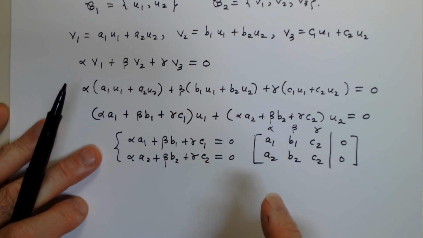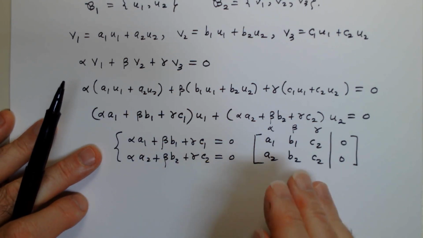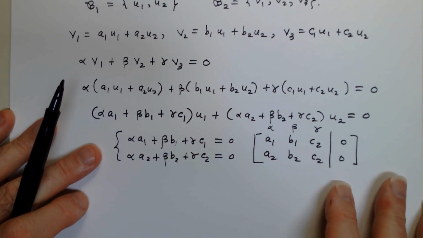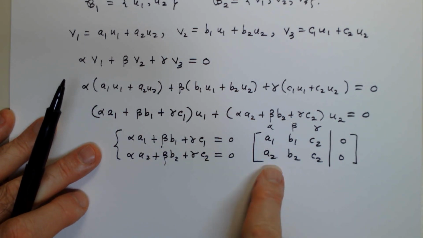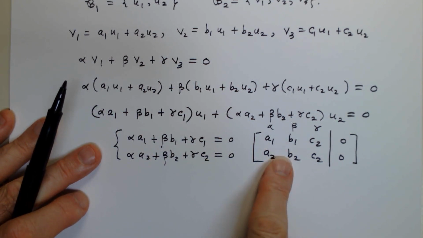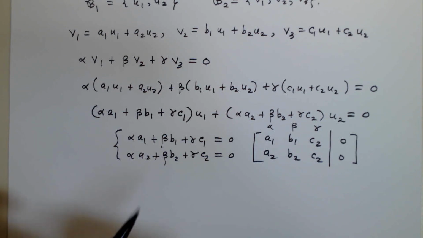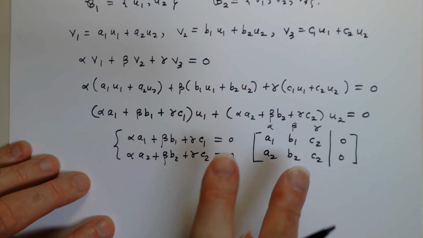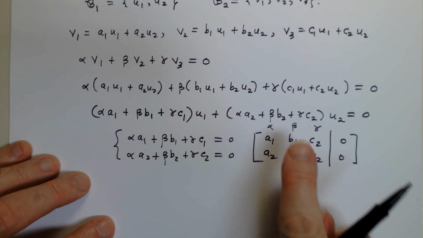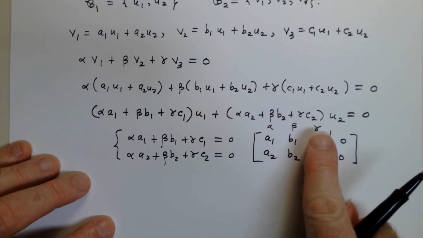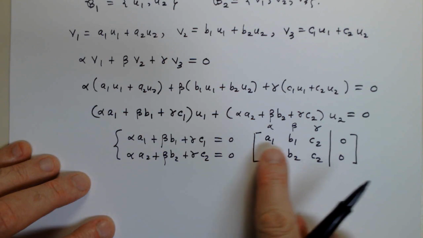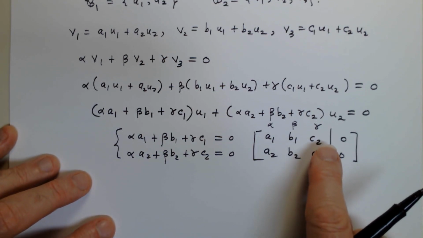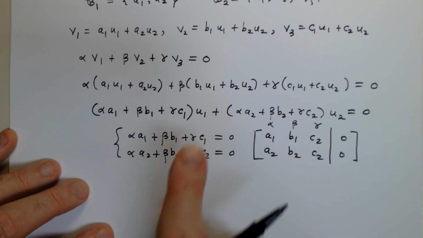The question now is, is there necessarily a unique solution, or are there infinitely many solutions? Well, I claim in this case we know that there are infinitely many solutions, and that's because there are only 2 rows, and that means we can have at most 2 leading ones. And that means that one of these columns will not have a leading one. One of these columns will be a free variable. So we know that there's a solution.